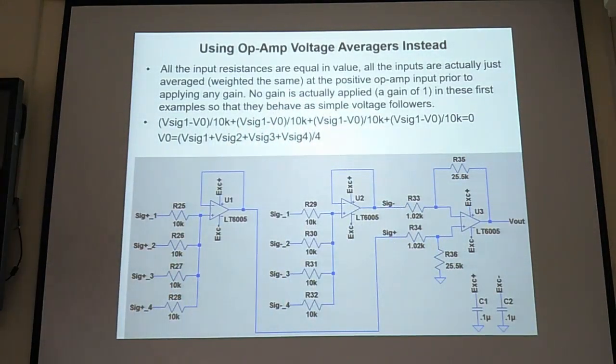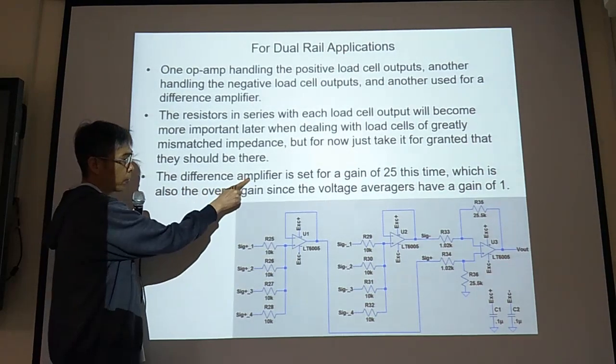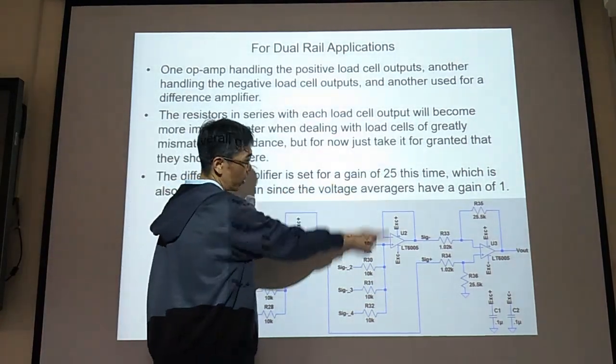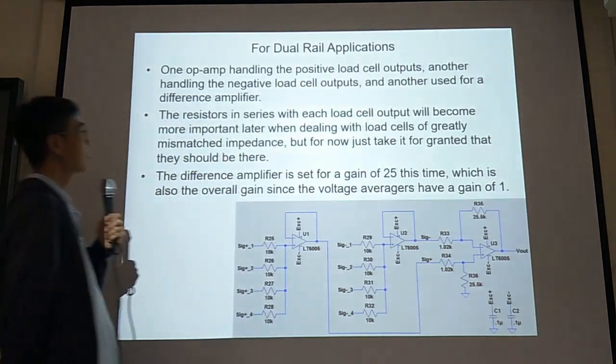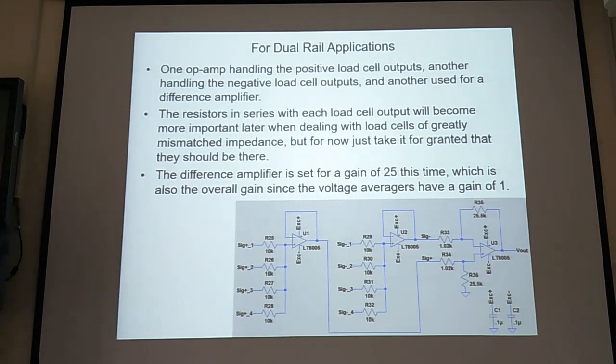Okay, so that's what we do. The differential amplifier gain is 25. So okay, this is the new circuit we will use.